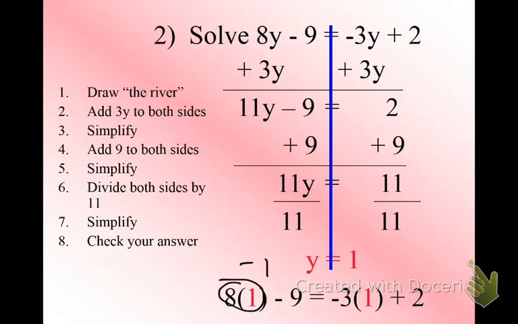There we go. Negative 3 times 1 is negative 3, and negative 3 plus 2 is also negative 1. So there we go. Now it checks out. My bad, 8 times 1 is not 9 at the beginning. All right, good. So it checks out. We're good to go. Our answer is good.